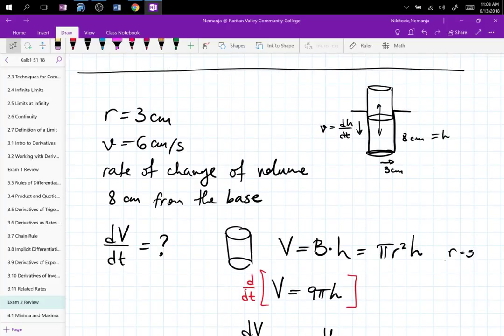You would have to worry about that for the design of the engine, because clearly 1,000 degrees will expand it slightly, so you have to account for that when designing an engine block. But in this case, they didn't say anything. They just said the radius is 3 centimeters, and the velocity of the piston, which is dh/dt, is 6. So that's that. There's no gravity involved.